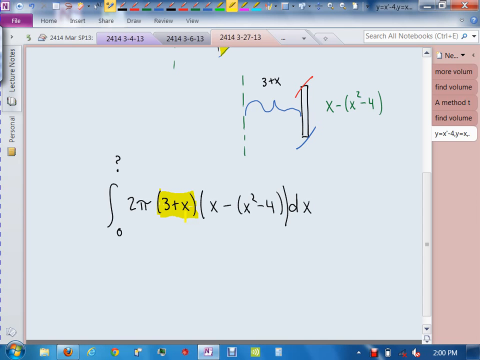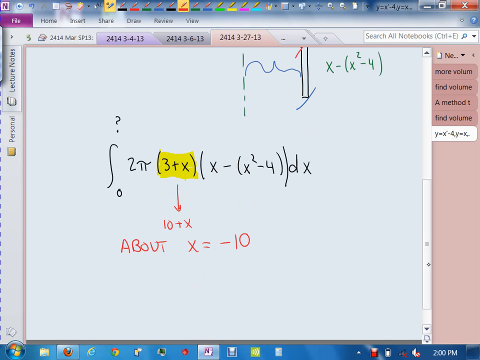So what would happen if I said, instead of rotating around x equals negative 3, I rotated about x equals, give me a second, negative 10. Then what would the only thing that would change be? That right there would change to a 10 plus x.